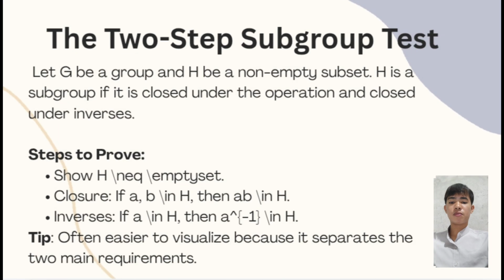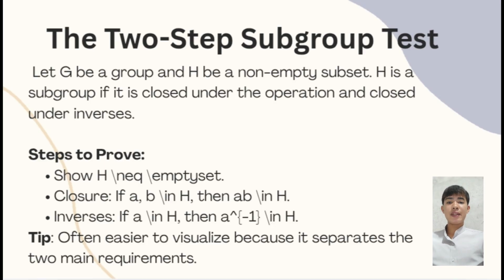Finally, we check the inverse property, meaning every element must have its inverse inside the set. If both closure and inverses are satisfied, then the set is a subgroup. For instance, the set 1 and -1 under multiplication forms a subgroup because every product stays within the set and each element is its own inverse.